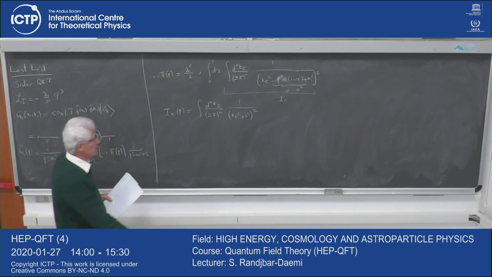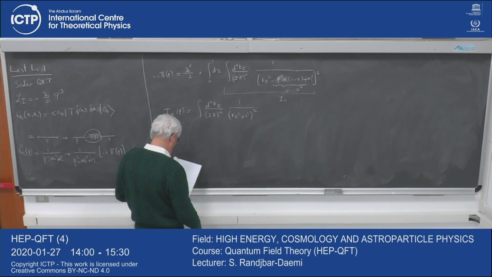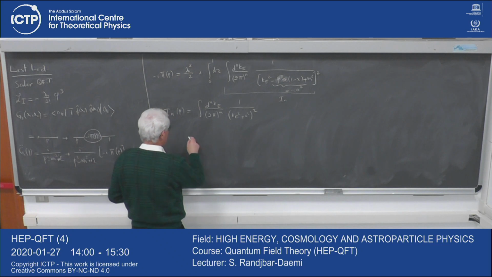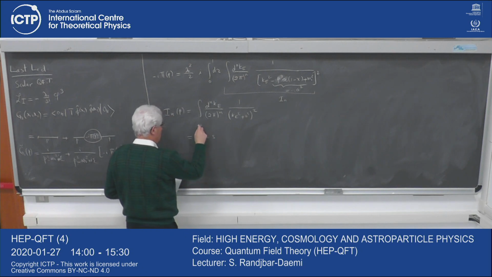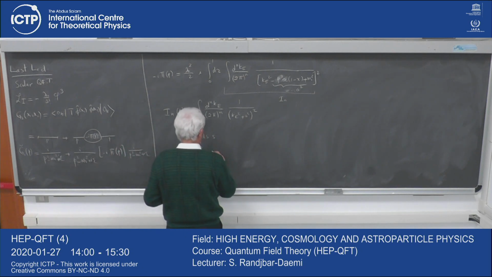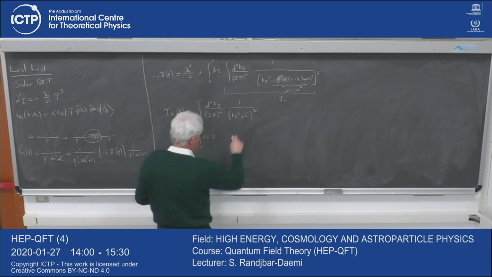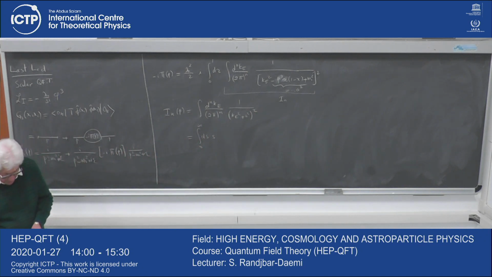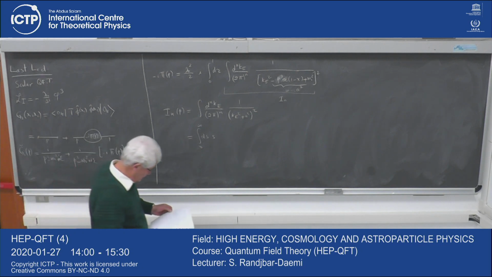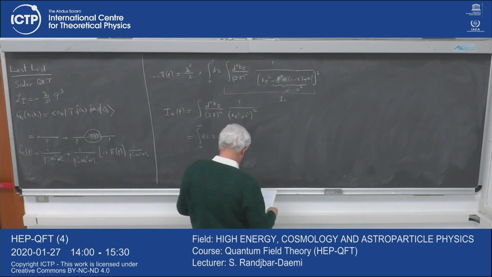And the trick was to rewrite this denominator as an integral over a parameter s, and then perform the Gaussian integrals. The rest is just Gaussian integrals. And we did that. The result was expressed in terms of gamma functions.